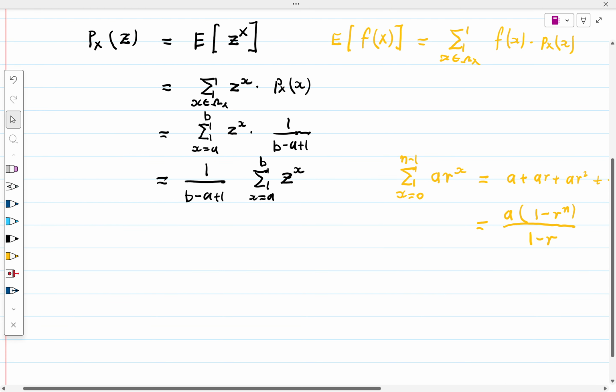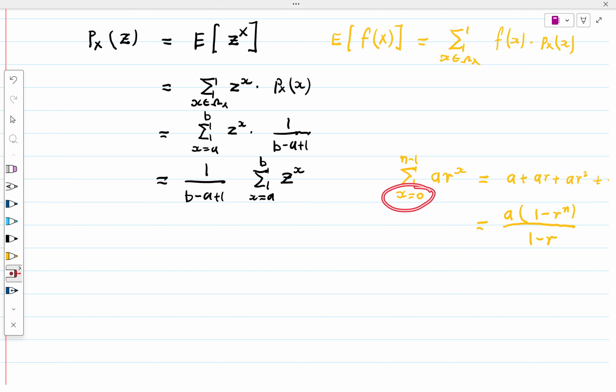Now, in the case of our geometric sequence here, we notice that we're summing not from the terminal 0, but rather the terminal a. And don't get confused between the a here and the a here. This is just a constant. This is the beginning terminal.